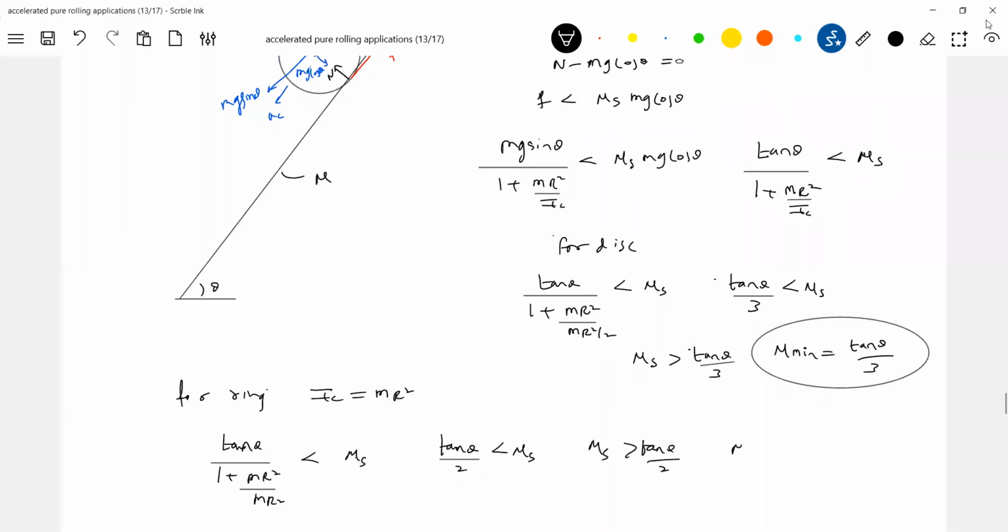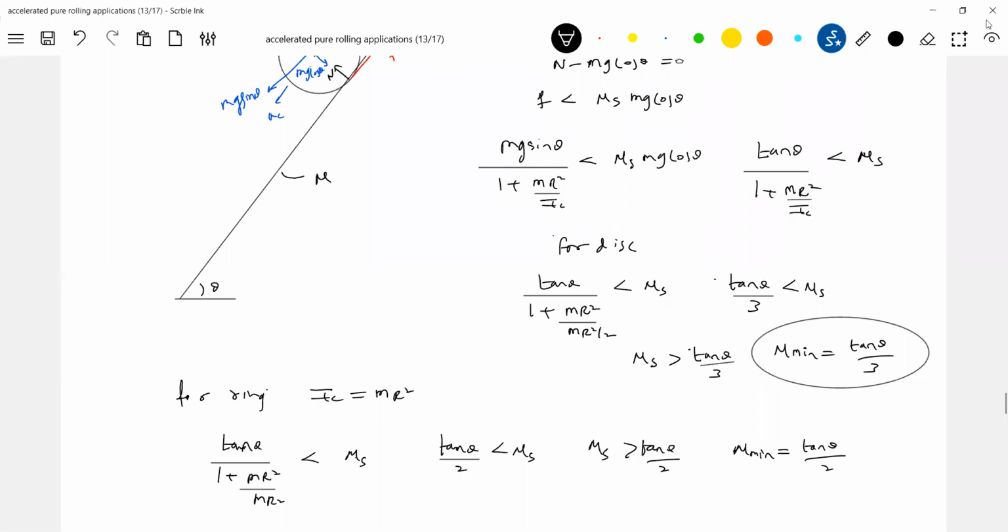What is the minimum value? It's telling that if you release a ring on a rough inclined plane, then for no slipping to occur, what should be the minimum value of mu? Tan theta by 2.